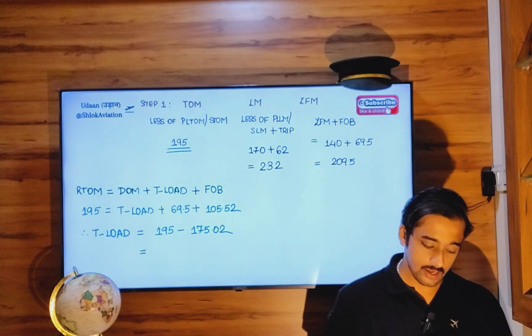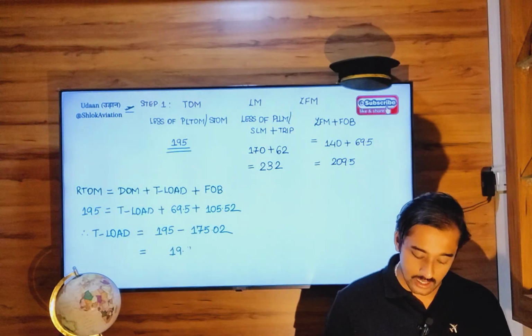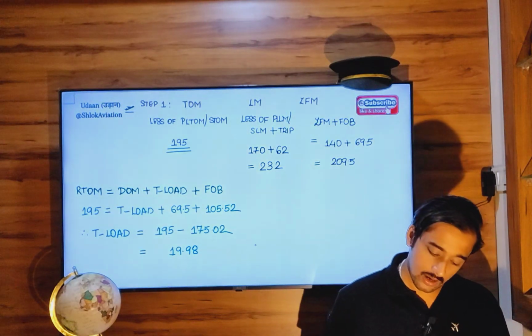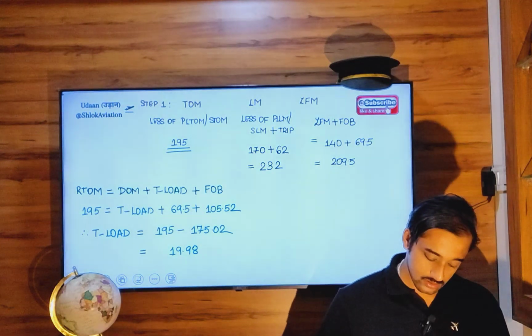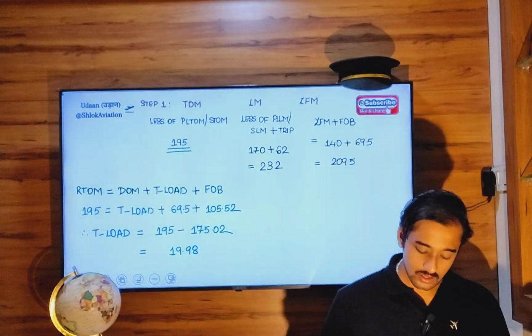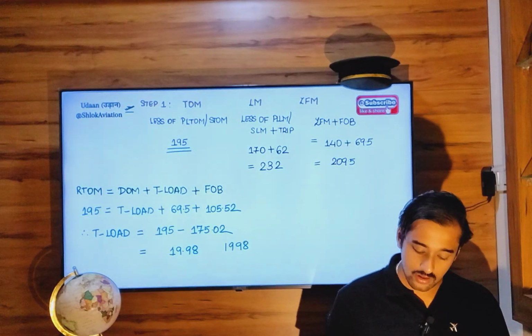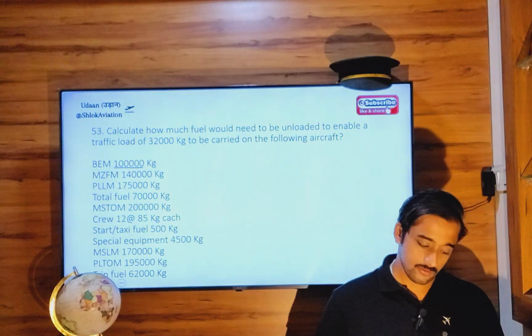So 195 minus that is equal to 19.98. So traffic load is equal to 19,980. Okay, this is your answer. Let's go to the next question, question 53.